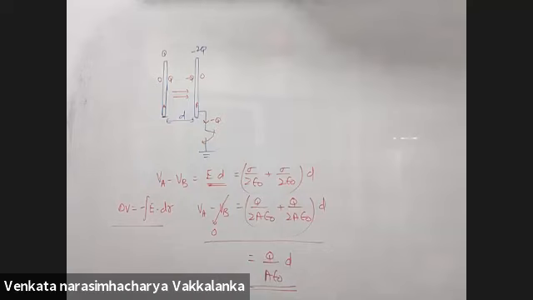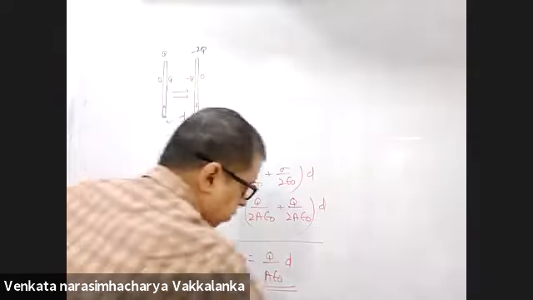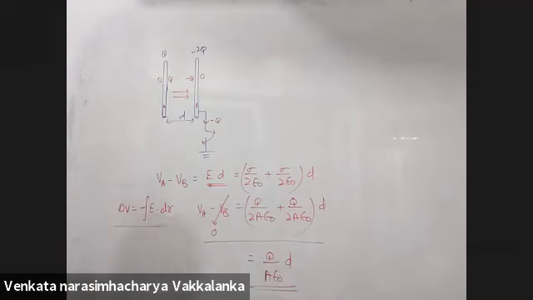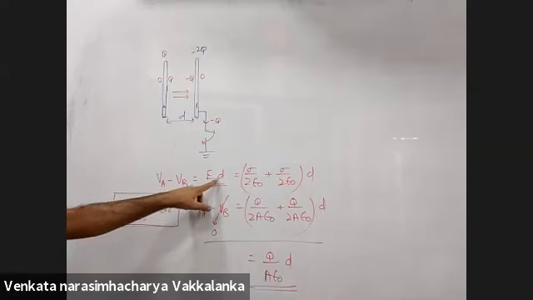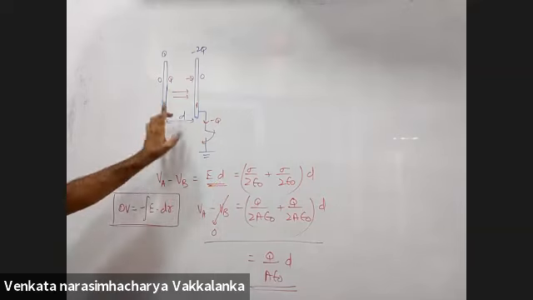So you took VB as 0 because it's grounded. All of you are aware of this relation, right? Yes, sir. And delta V is minus integral E dot dr, field into distance, I can directly write if the field is uniform.